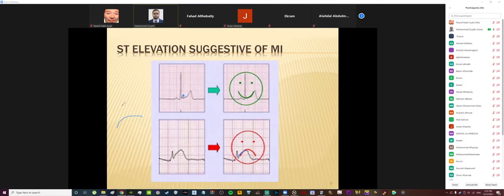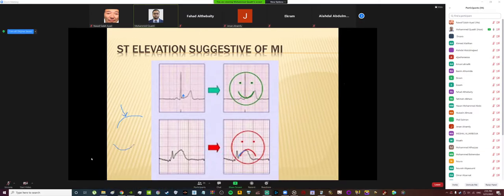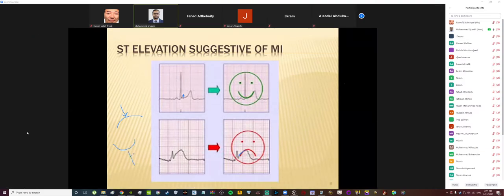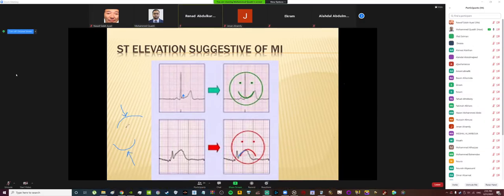So this curved line has got convexity upwards. And if I draw the curved line like this, where is the convexity? Downwards. This is what is known as convexity upwards and downwards.